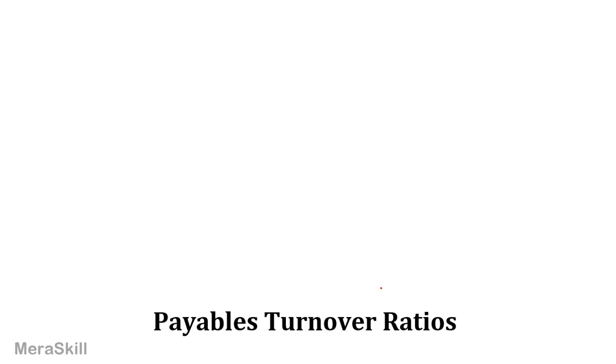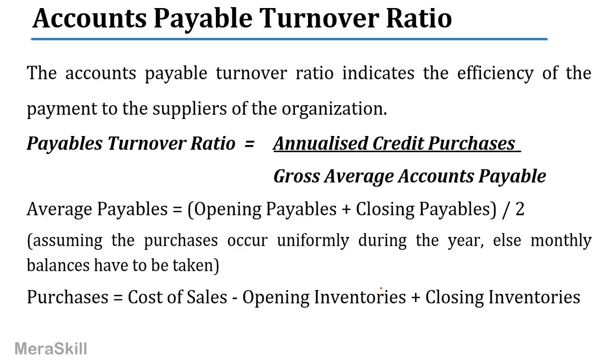Next, let us do the payables turnover ratio. The accounts payable turnover ratio indicates the efficiency of the payment to the suppliers. It is credit purchases divided by the gross average accounts payable. Average payable is always opening plus closing divided by 2, assuming that the purchases occur uniformly.